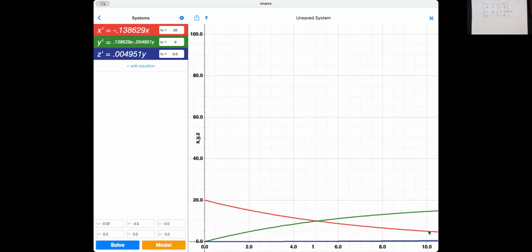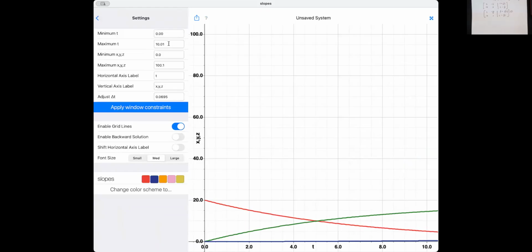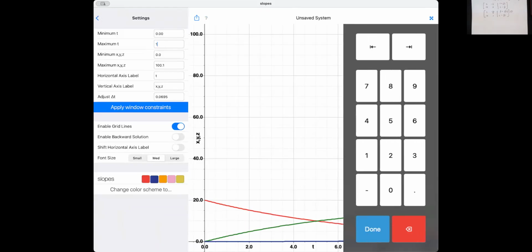Done. Now I'm going to change the axes. So I go here to settings. Maximum t is going to be 100. Maximum xyz is going to be 30. Let's see.